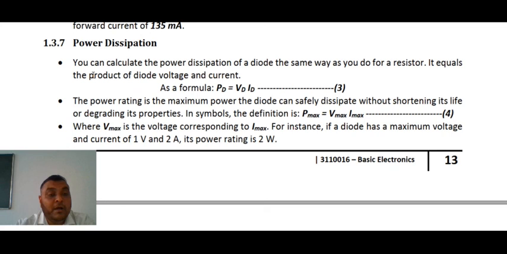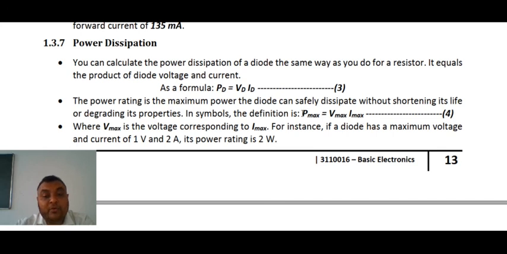Similarly here too, for power dissipation in a diode, a formula is given. The diode power Pd is equal to diode voltage times diode current. Okay, and the power rating is the maximum power the diode can safely dissipate without shortening its life or degrading its properties. In symbols the definition is P max is equal to V max times I max.